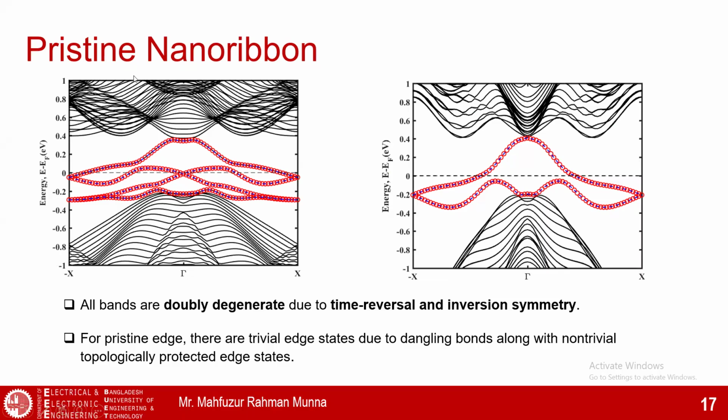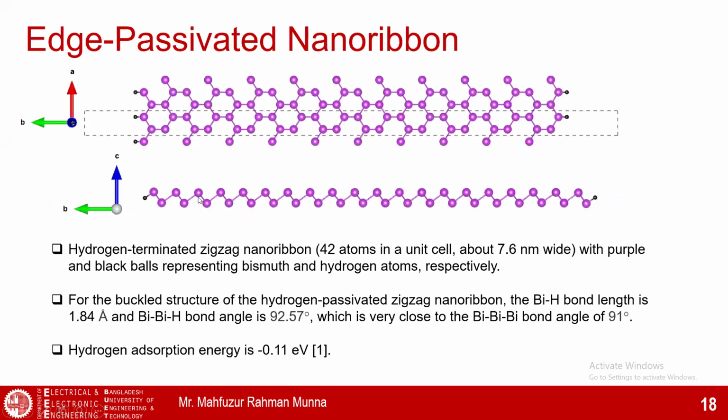However, for pristine nanoribbon, sorry, there are trivial edge states due to dangling bonds along with non-trivial topologically protected edge states. That's why we can't see Dirac linear dispersion around the Fermi level for the case of pristine nanoribbon.